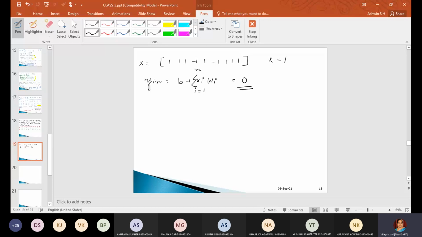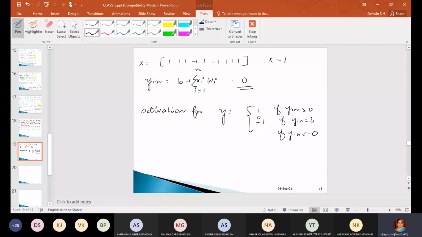If this is 0, we have the activation function y: 1, 0, minus 1, if y_in is greater than 0, equal to 0, and less than 0 respectively.